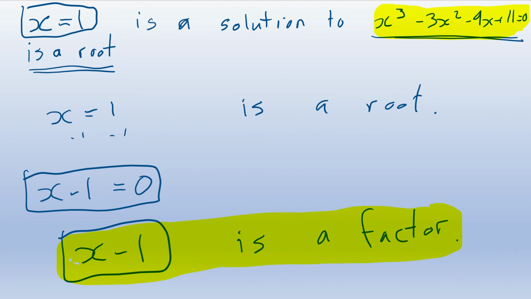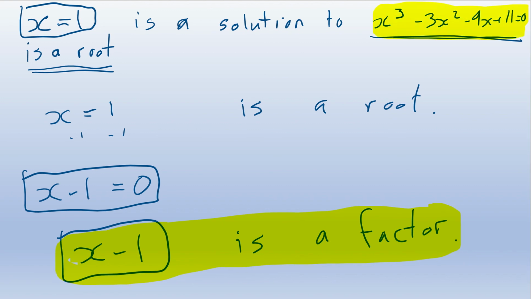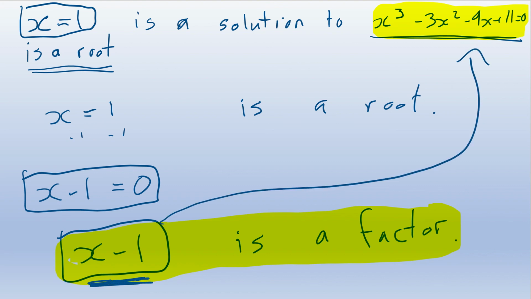So right now I have 1 factor, but remember, for a cubic I need 3, so 1 down, 2 to go. So if this is a factor of this thing up here, then if I divide x minus 1 into this thing up here, I should get out my other factor of this whole polynomial.